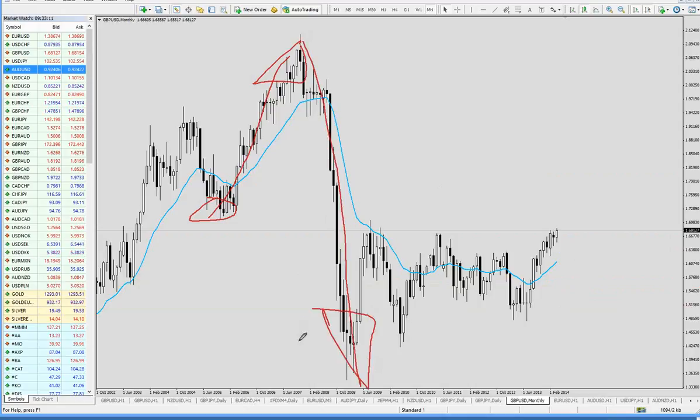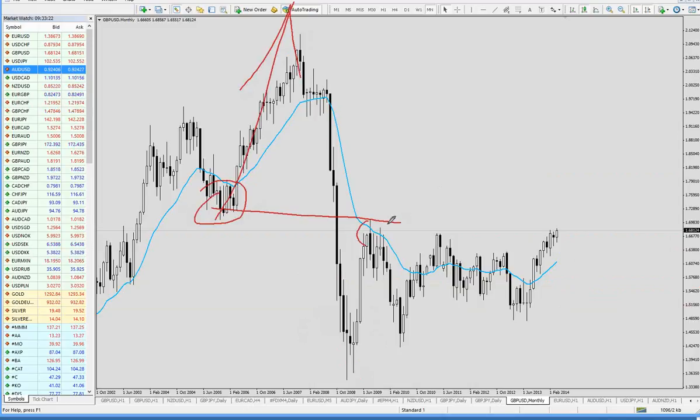Bam, to the downside. So this last trend was the weakness. And we are again within that zone.